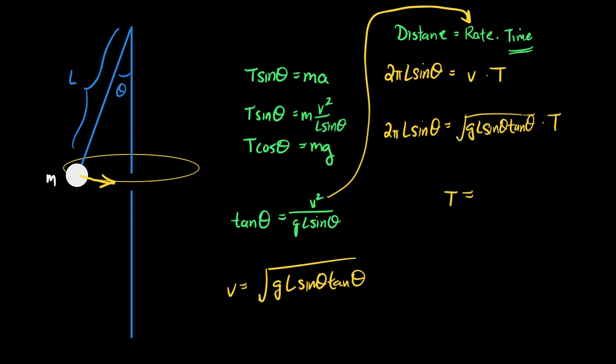So when I divide these, I get kind of a mess. I'm going to pull a 2 pi out front. I'm going to have L sine theta in the numerator and the square root of all of this garbage in the denominator.